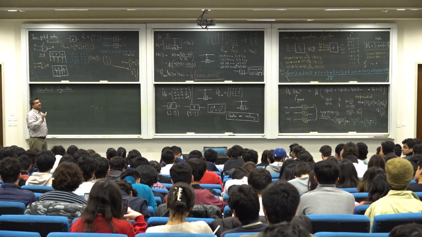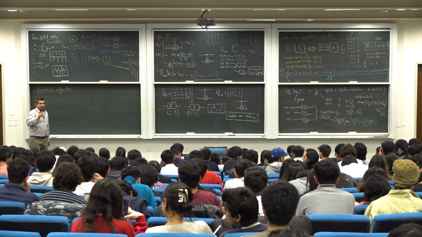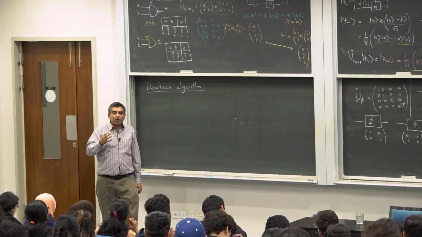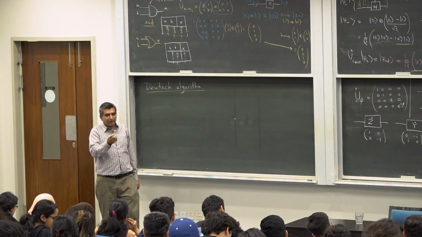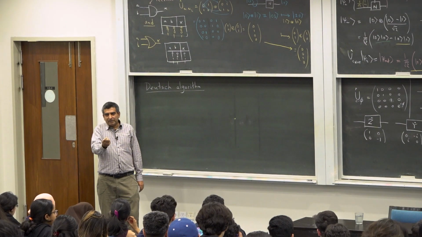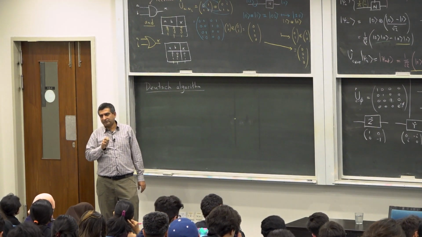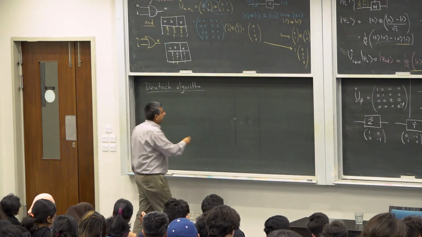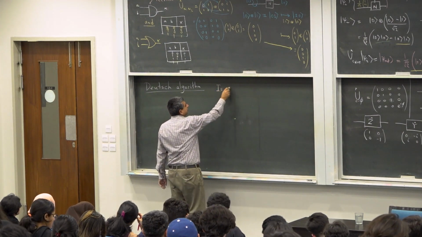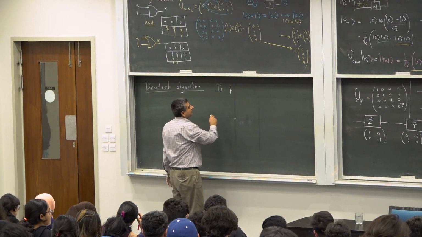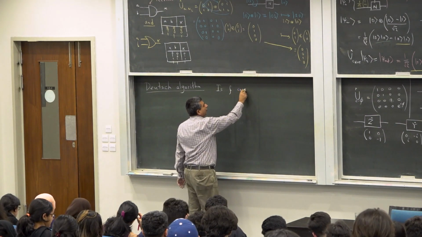Now the algorithm is, we would like to make a decision. We would like to resolve a certain property of a function and we want to decide whether that function is one of two kinds. Is f, the function, constant or balanced?